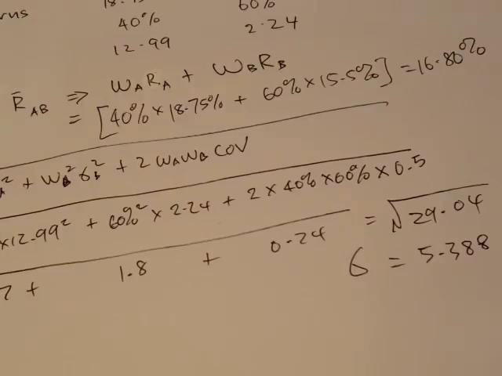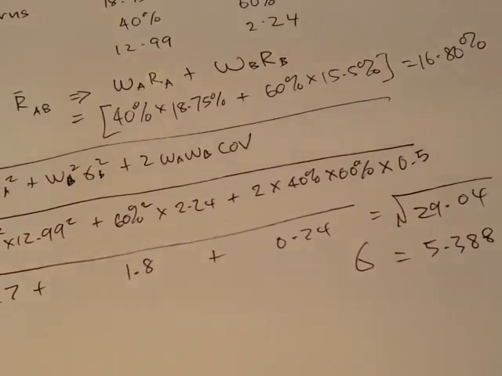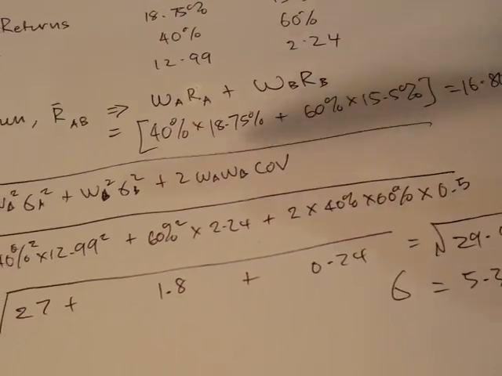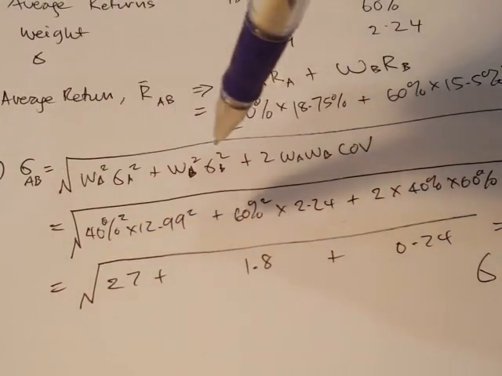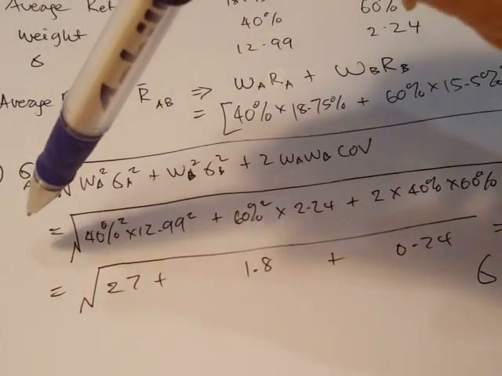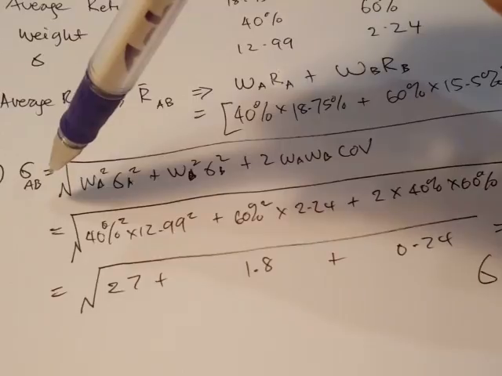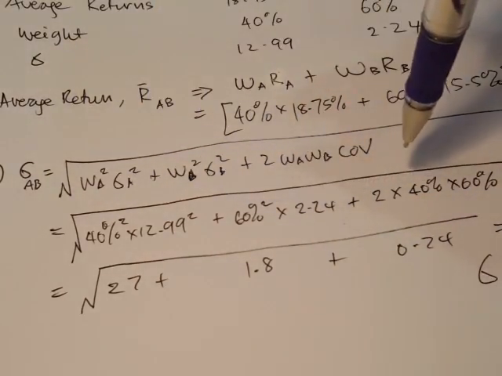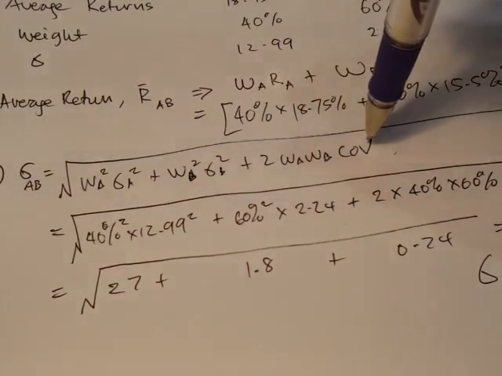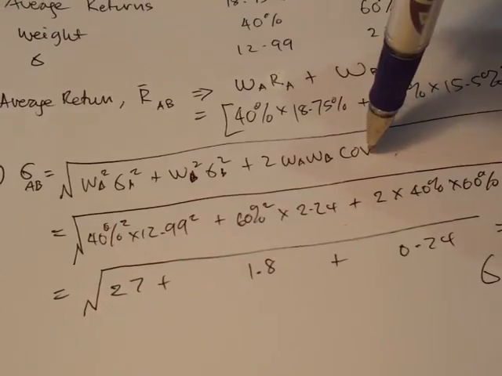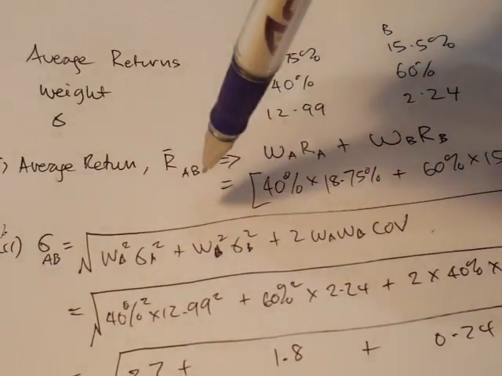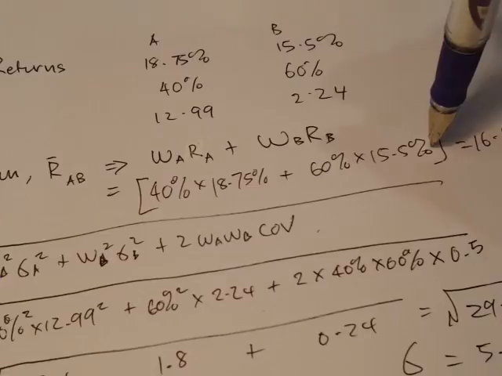So remember, for portfolio, the key to answer this question is make sure you use the right formula. Combination of investment A and B is portfolio. This is the formula to find the standard deviation. Here must be covariance. Average return, this is how you calculate it.